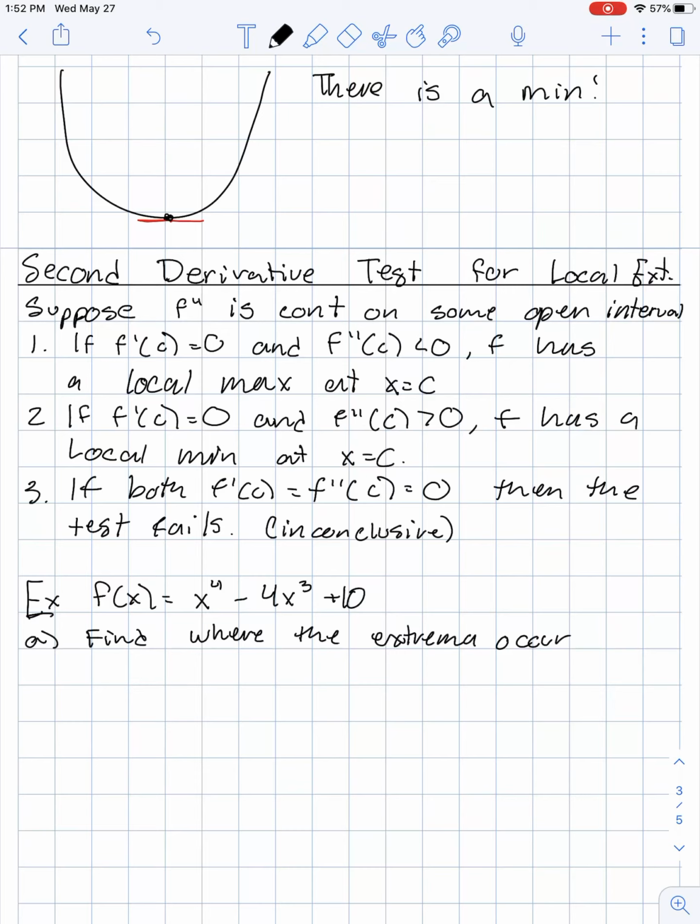So we're going to find the first derivative and set it equal to 0. So 4x cubed minus 12x squared, right? We'll set that equal to 0. Let's factor out a 4 and an x squared, so that I'm left with x minus 3.